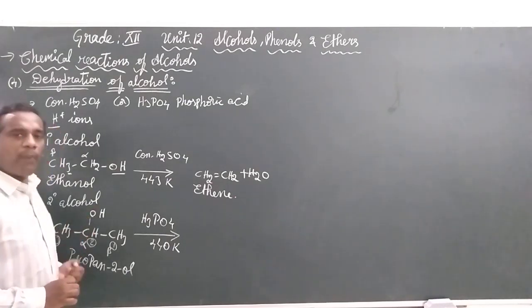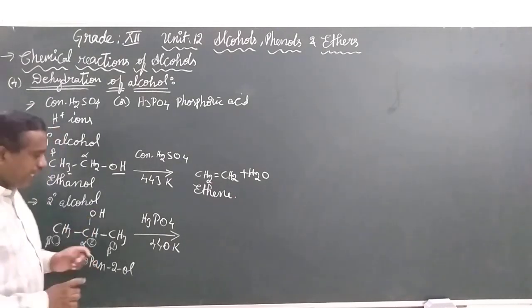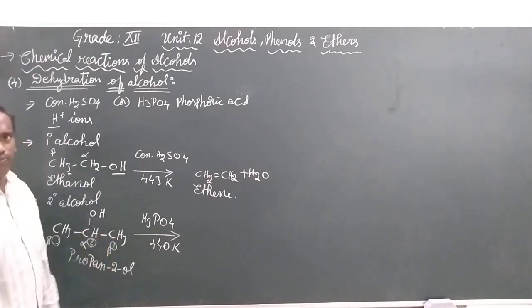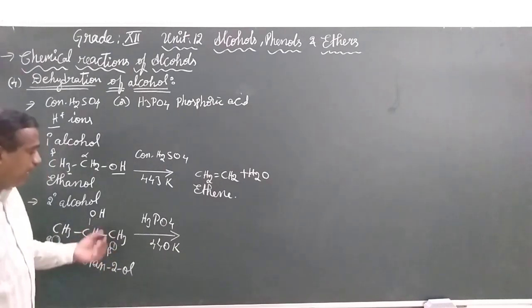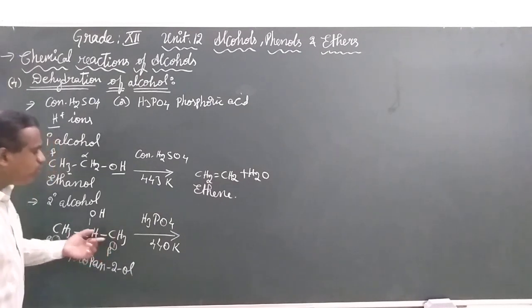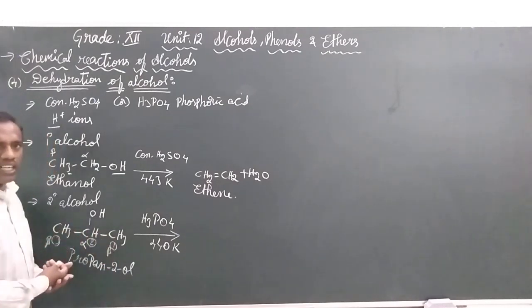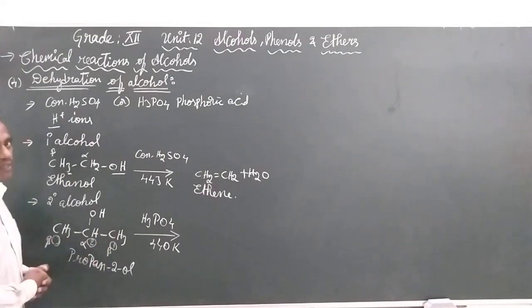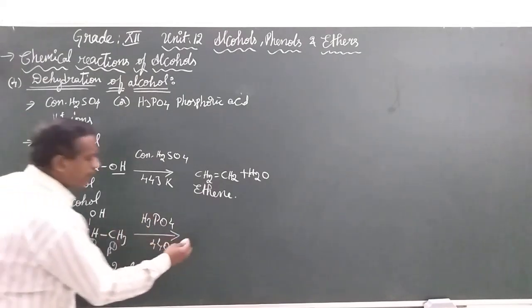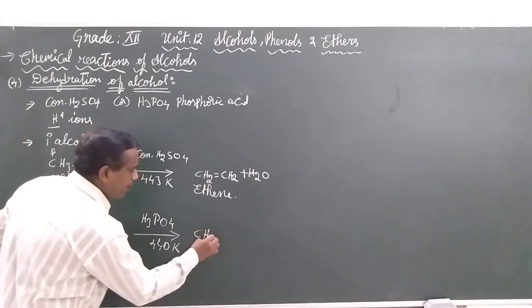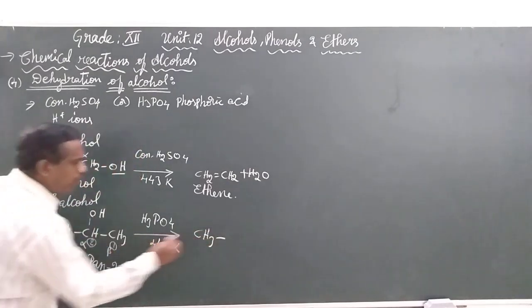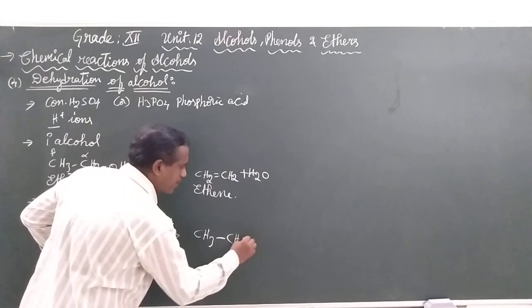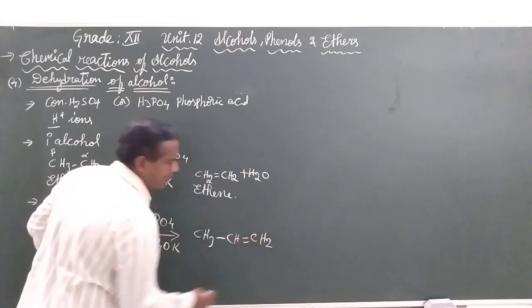So, the OH group will be eliminated along with any of the beta hydrogen. The hydrogen I am choosing is from the first carbon. It can be done from the third carbon also because both are symmetric.